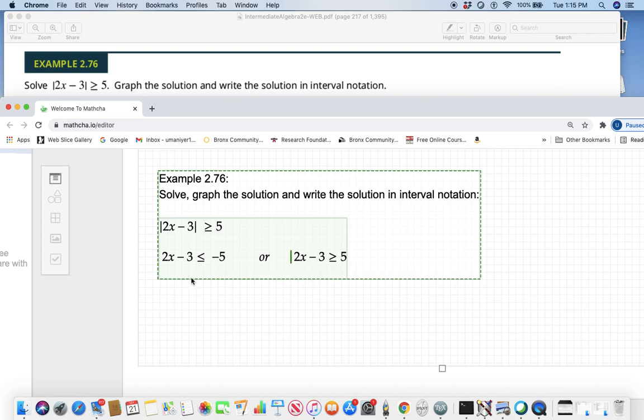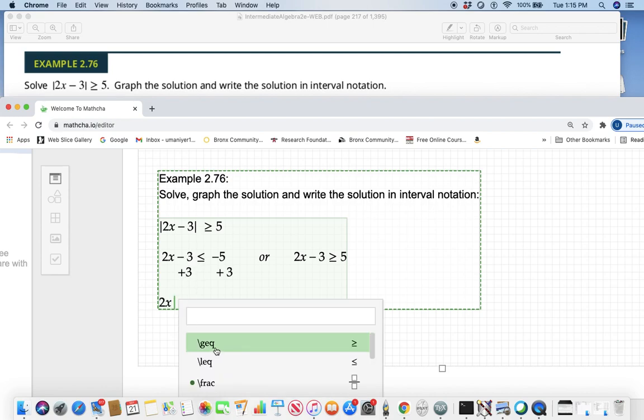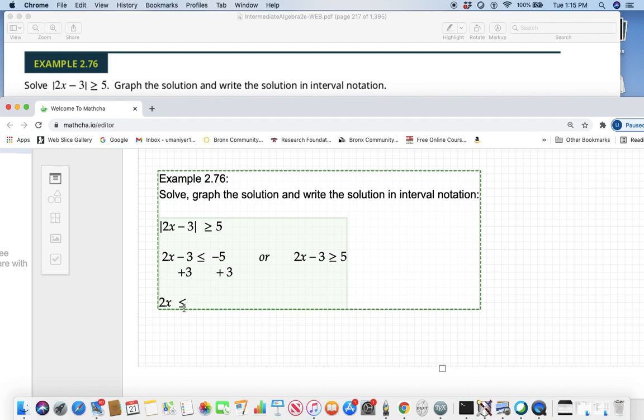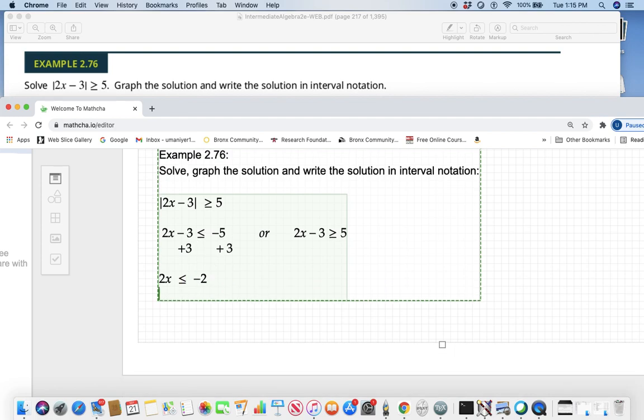That's what this means. Now to solve for x, add 3 to both sides. Notice that is one inequality. We can continue to solve this. This gives me 2x less equals negative 5 plus 3 is negative 2.